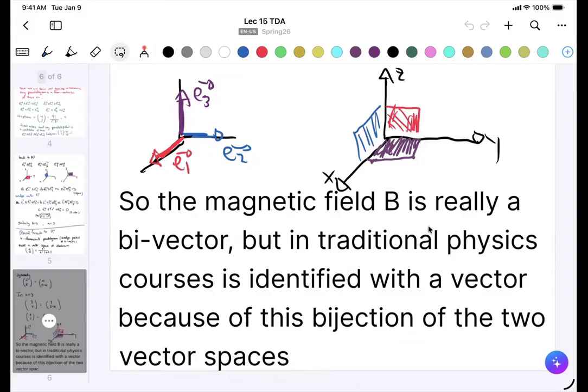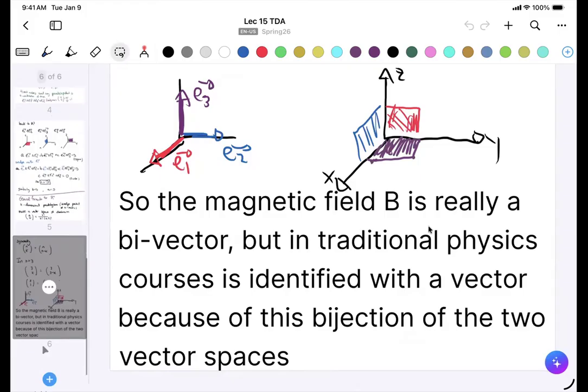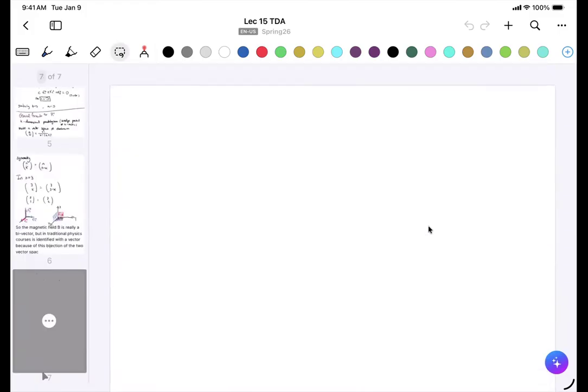Now, how does this connect to calculus? The connection to calculus is very interesting. It's very cool, so let me at least mention some of the beginnings of this. It's really magical how easy everything becomes.